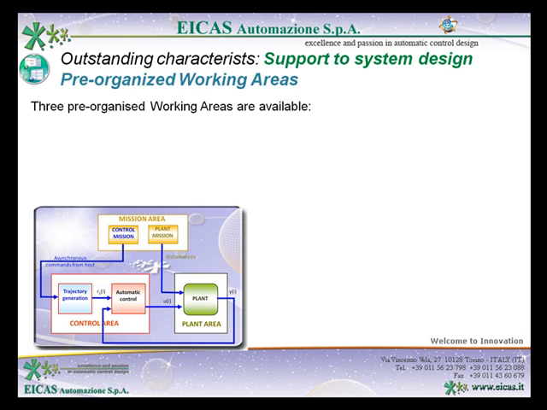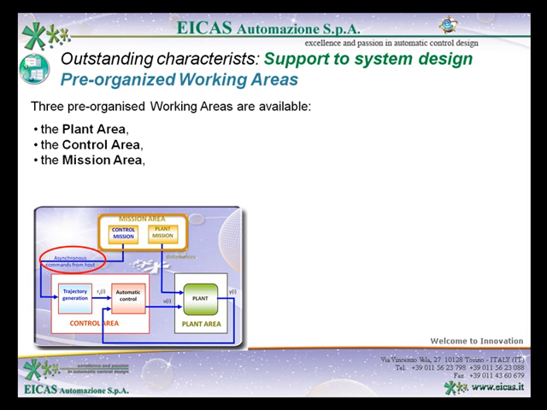Each working area is equipped with specific and oriented libraries. They are the plant area, devoted to the model of the plant to be controlled, the control area, where the overall control system architecture and the control algorithm are implemented, and the mission area for the generation of control references and for modeling the disturbances acting on the plant.